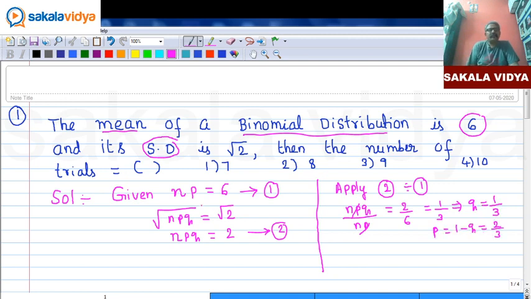So, what do we need to find from 1? From 1, we need to find the n value. n is equal to 6 into 1 by p, or 6 by p. 1 by p means reciprocal of 2 by 3. 6 into 3 by 2, so that will be 9.